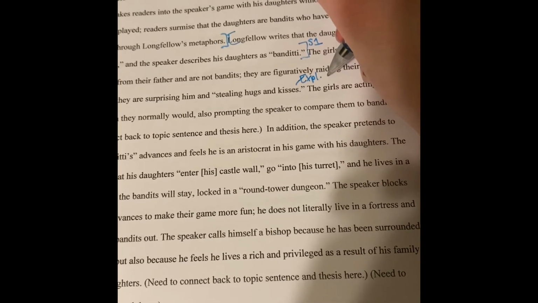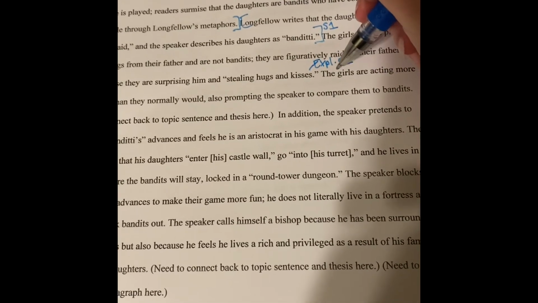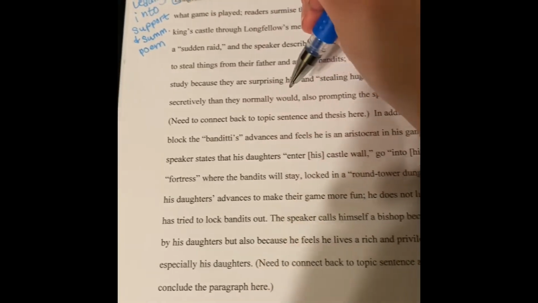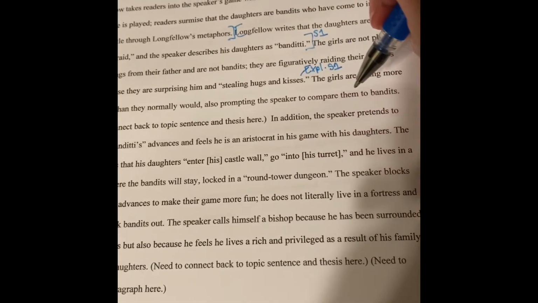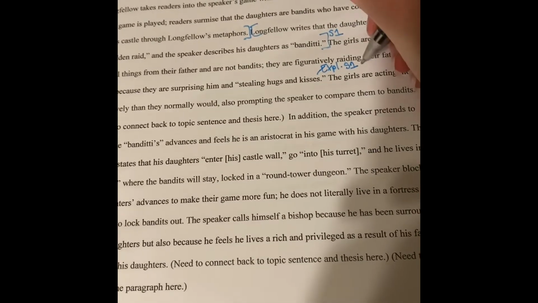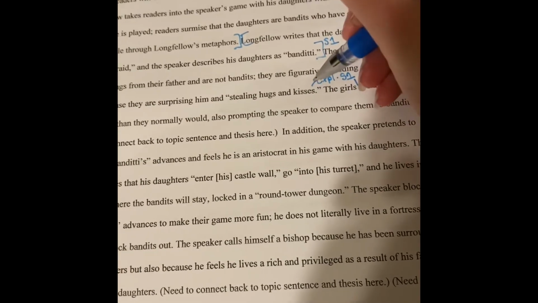Sometimes your explanation of your support is you paraphrasing what the support is, if it's a quotation, that is. The girls are acting more secretively than they normally would, also prompting the speaker to compare them to bandits. Okay, so we've still got more explanation here. All right, I'll add in a little line to say, hey, this is explaining and this is explaining.